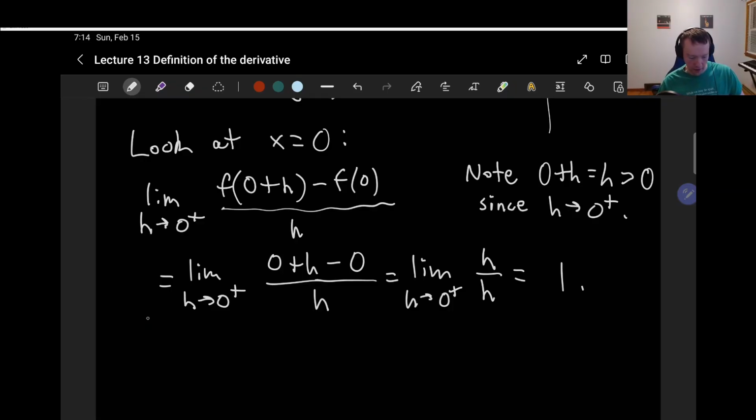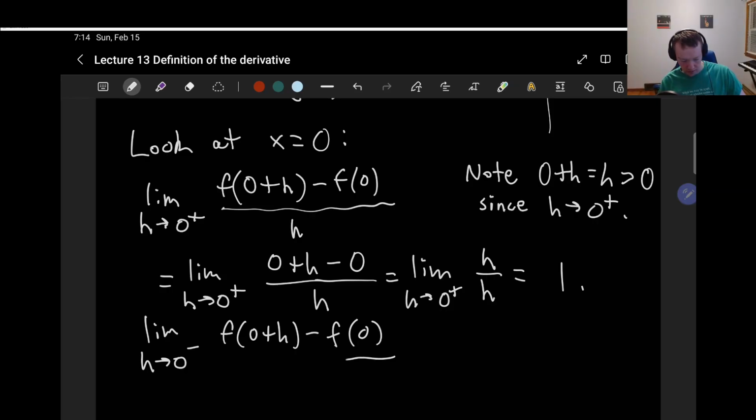All right, let's look at the left. So similar construction, but h is approaching 0 from the left this time. Well, in that case, that means my h's are negative if we're on the left side of 0.